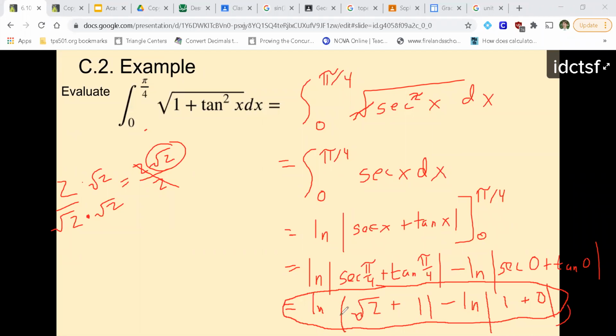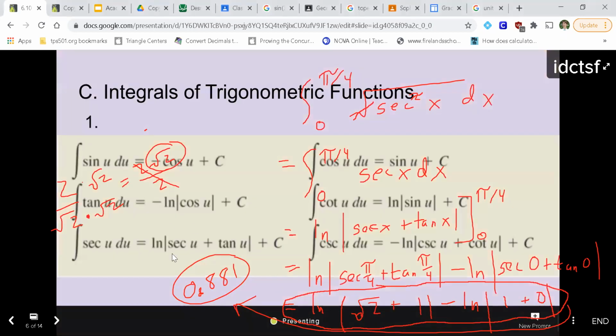Where do I want to write that? So again, I'll walk you through this problem. 1 plus tangent squared is just secant squared. That's your Pythagorean identity. If you simplify by canceling out the square root of the squared, you get secant of x. And then to take this integral is just memorizing that formula from the previous slide.